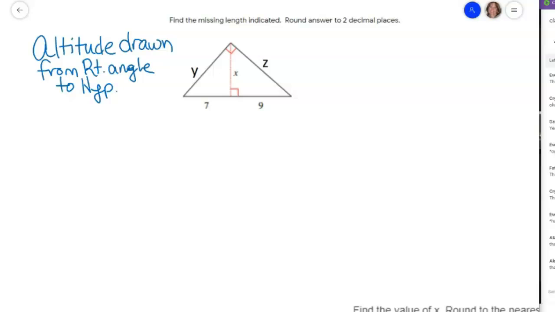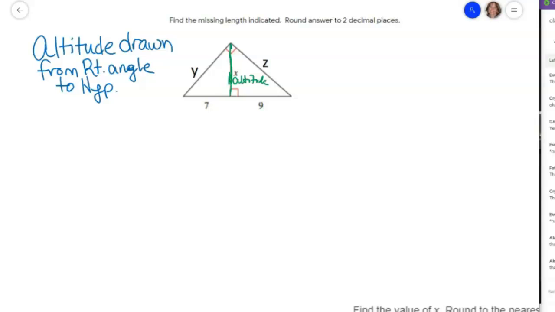If it's not, then we have to come up with a whole other plan. So what we do have here is a hypotenuse, with an altitude being drawn to my hypotenuse, right? Everybody can agree that that is what we have.